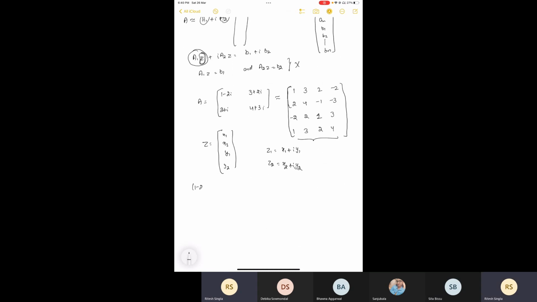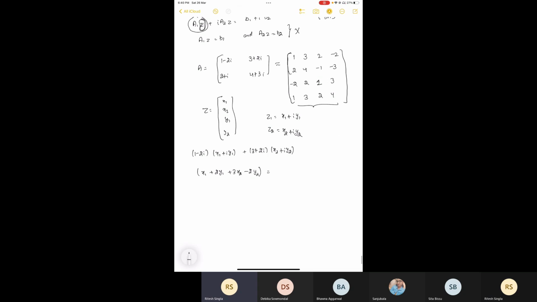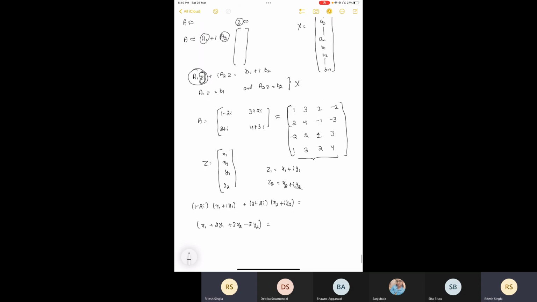So it is 1 minus 2 iota times x1 plus iota y1, and then plus 3 plus 2 iota times x2 plus iota y2, right? If you solve this, you will get x1 plus 2 y1, then plus 3x2 and minus 2 y2, which is going to be equal to 5 plus 2 iota.